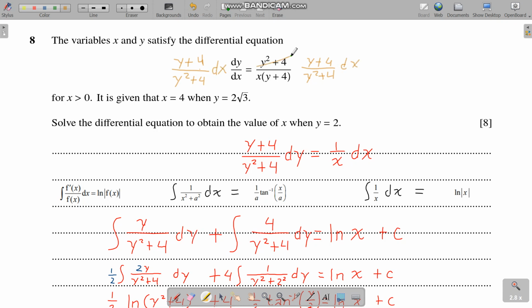So we cancel out. So on the left we have y plus 4 over y squared plus 4 dy. On the right we have 1 over x dx.